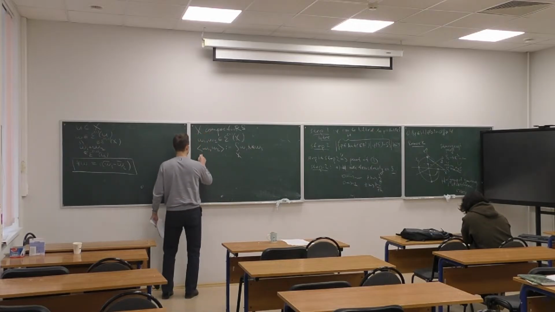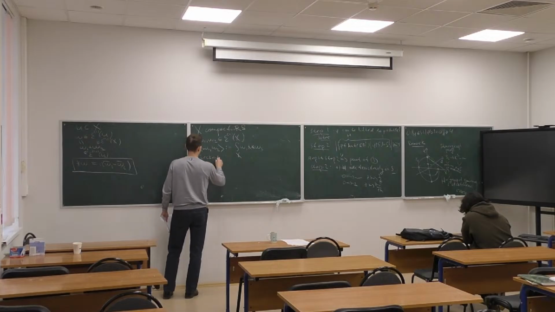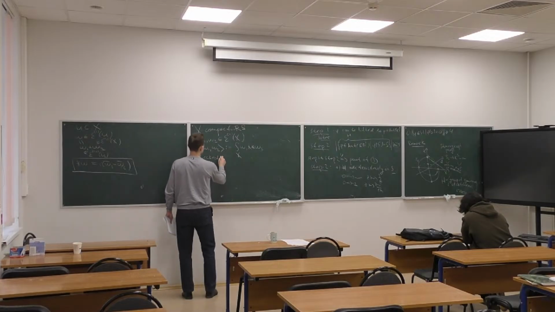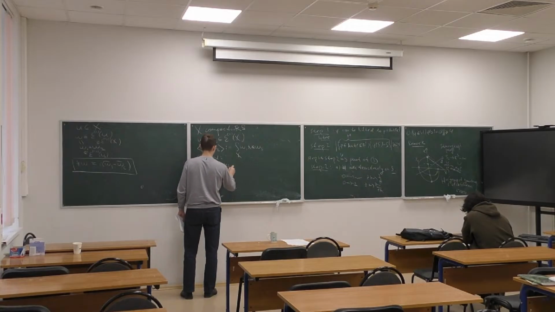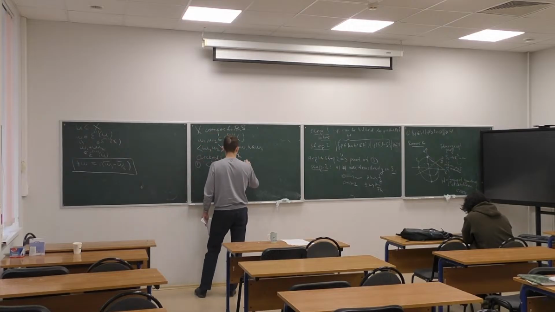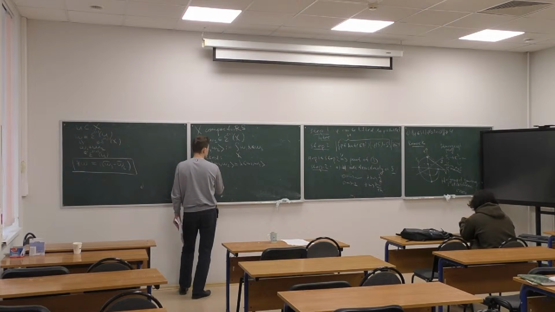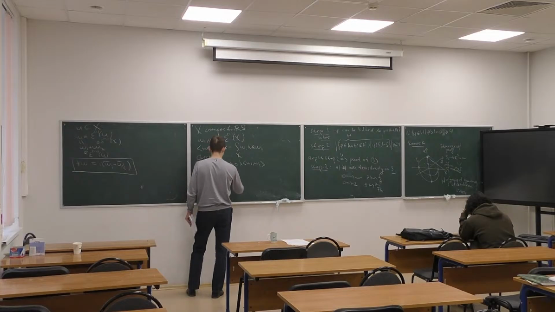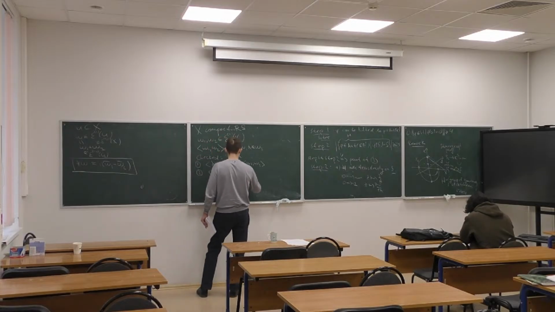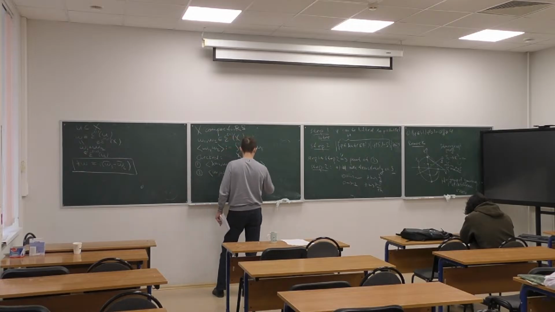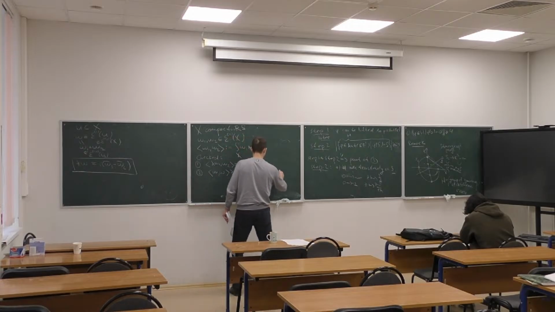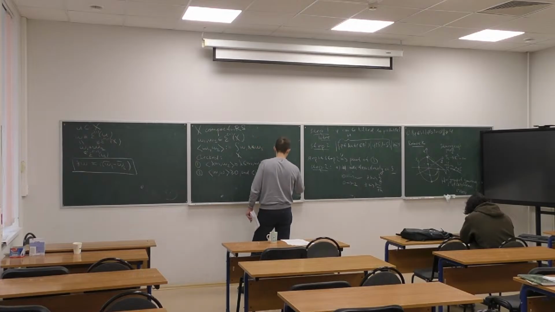And then we checked that it is indeed a scalar product. So what we checked? We checked linearity in omega 1, lambda omega 1. Also we proved that this is greater or equal to 0 and it is 0 if and only if omega is 0.